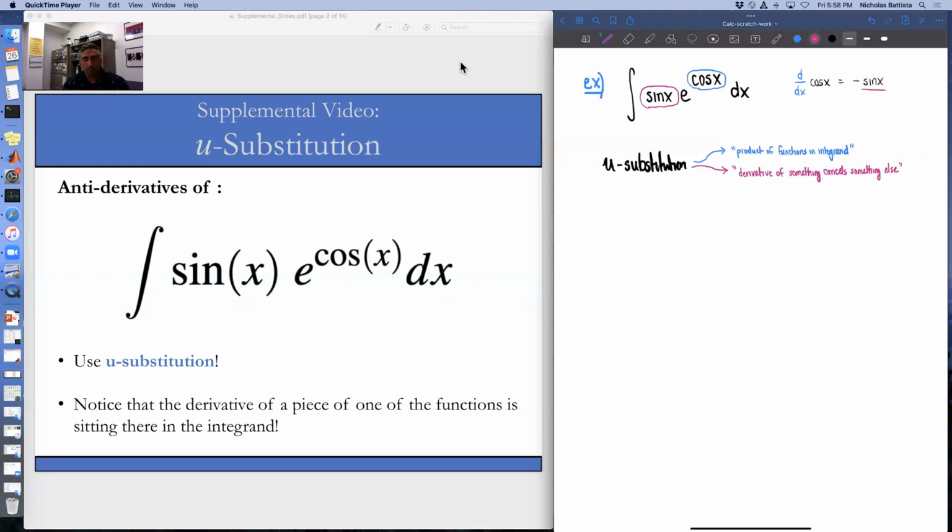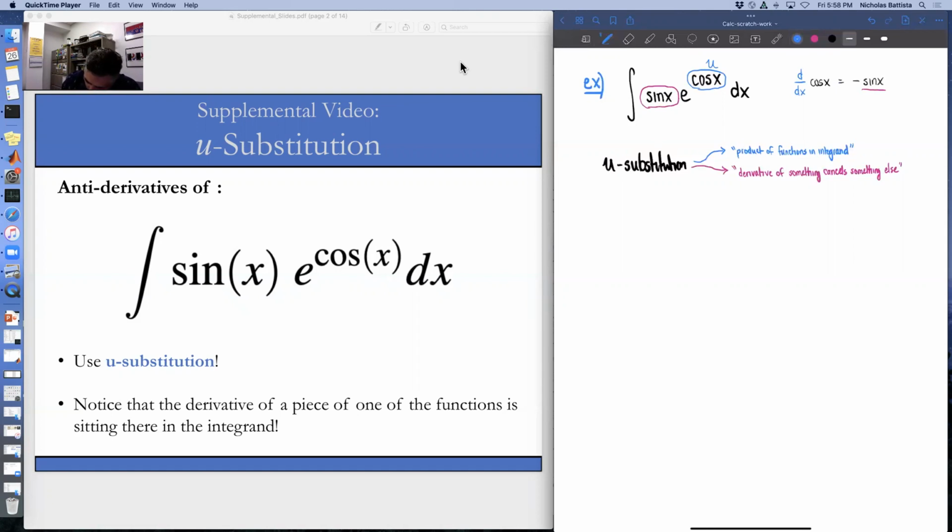When we multiply it through in the u-substitution, the derivative of cosine is going to help us cancel that sine of x sitting in front. So I'm going to make cosine of x equal to u. Let's see what happens when we go through all of the explicit mathematical details.